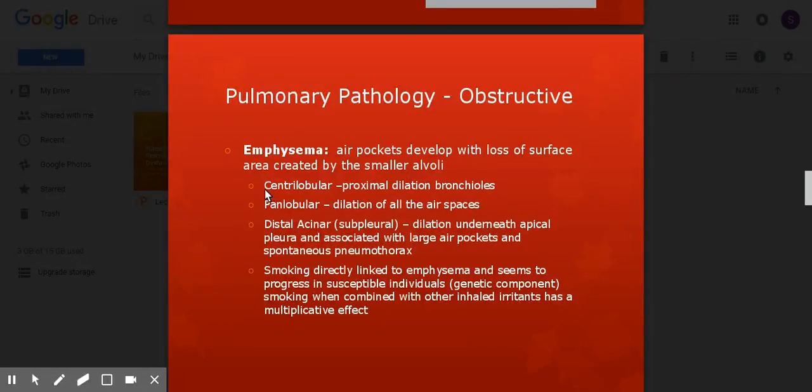Emphysema is classified into three areas: centrilobular, panlobular, and distal acinar, which is also known as subpleural. In centrilobular, you'll see a proximal dilation of the bronchioles, whereas in panlobular, you'll see a dilation of all of the air spaces.